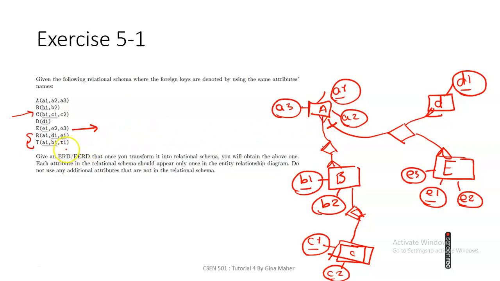However, we have here an attribute T1, which is a new attribute, and it is not a part of the primary key, which means that this attribute is related to relation T only. So it's an attribute on a relation.